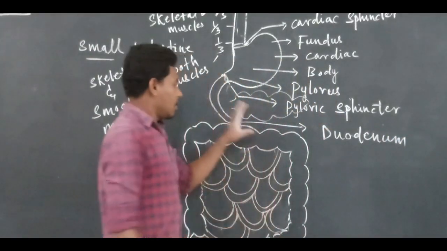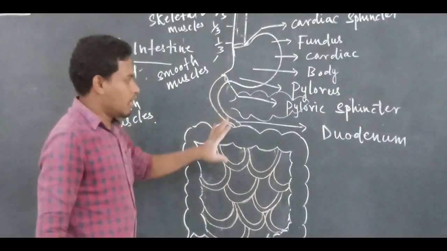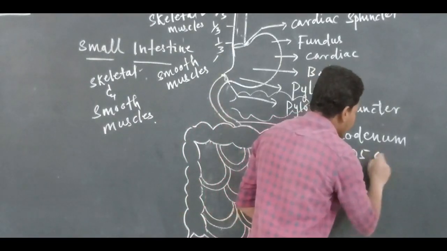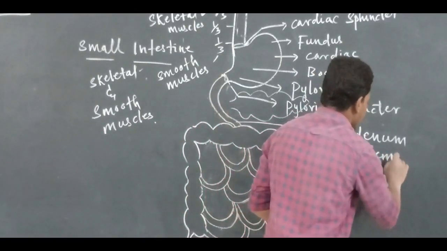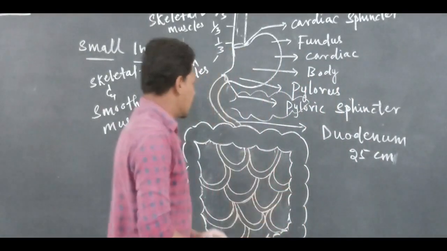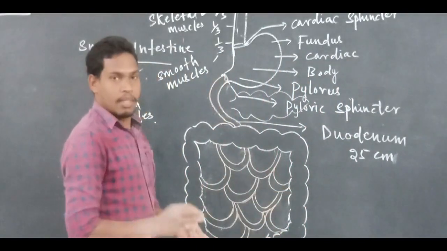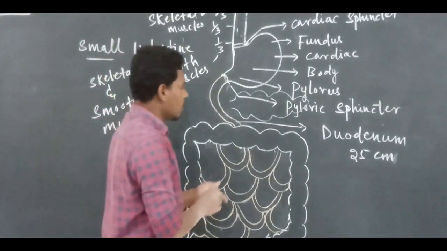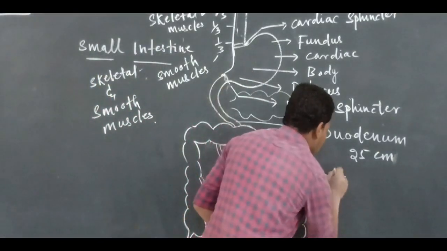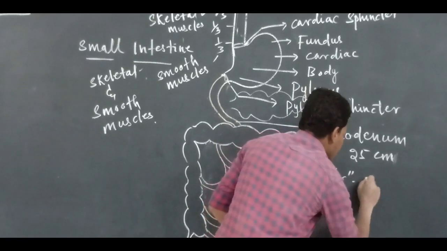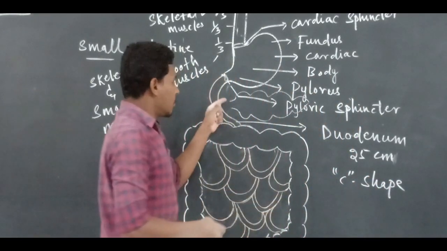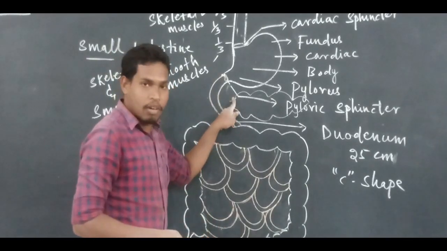The first part of the intestine is duodenum, and it is about 25 centimeters, showing a curve or C shape. It curves around the head of the pancreas.